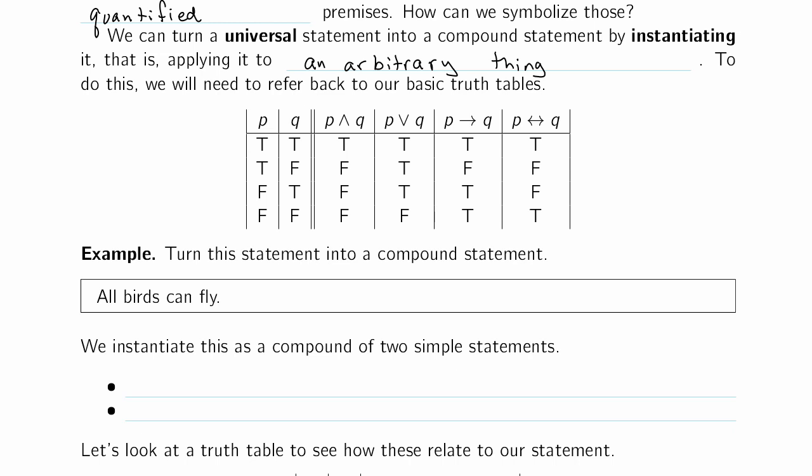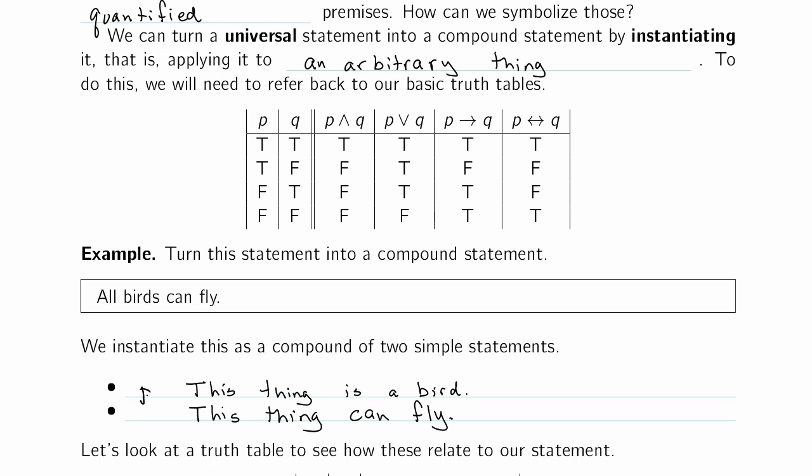So if we apply this to some arbitrary object, we might be saying our object is in the category of birds, so this thing is a bird. And we might be saying it's in the category of flying things, so this thing can fly. And we aren't thinking of any particular thing, we're just considering an arbitrary thing in the universe.